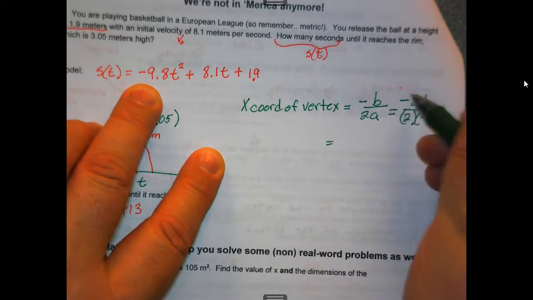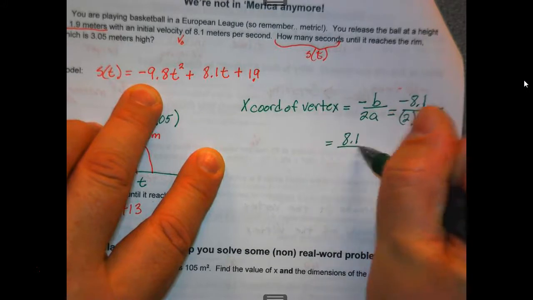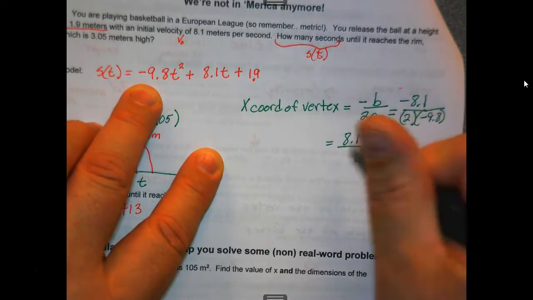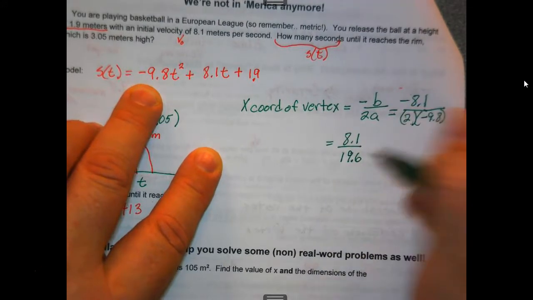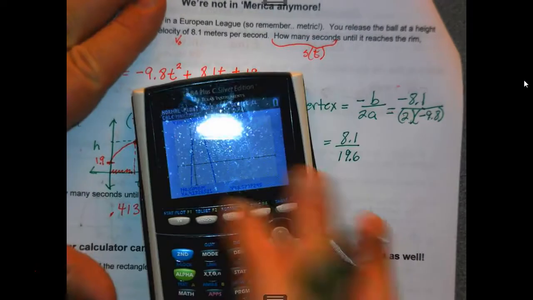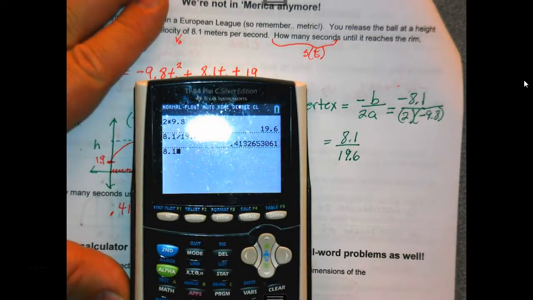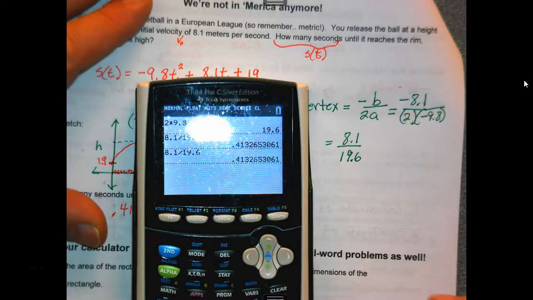Okay, negative is going to make it a positive, so I have positive 8.1 over, let's see, 16, 18, 19.6. And 8.1 divided by 19.6 gives me 0.413265. And guess what? It's the same answer.